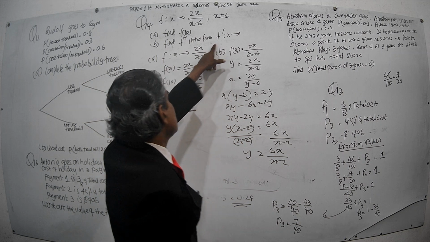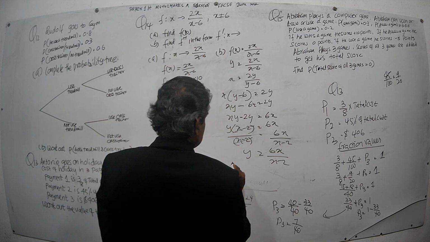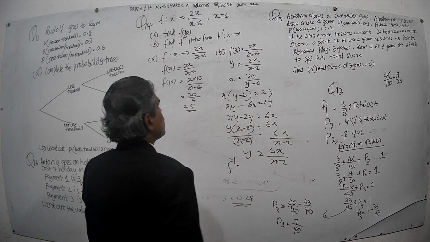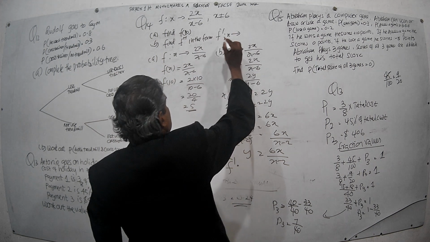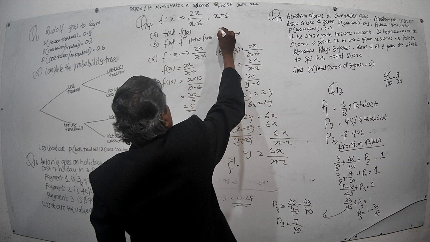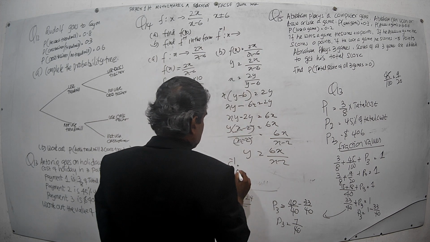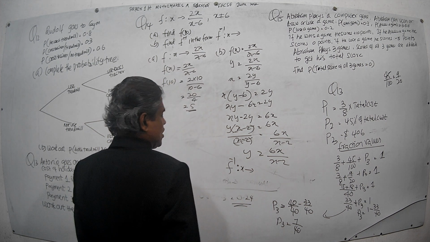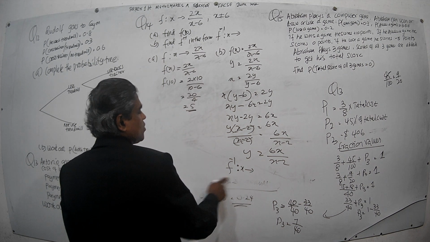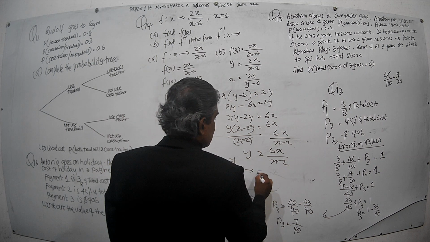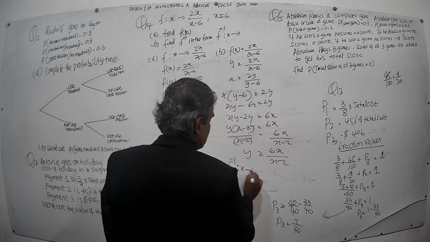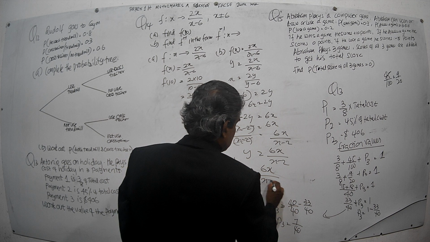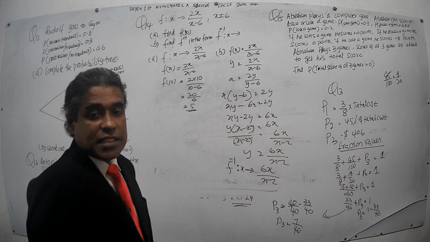Then we write the notation as expected by them, f minus 1, sorry, f inverse here. Okay, the notation: the inverse function, x arrow, is mapping onto 6x over x minus 2. Okay, that is the answer.